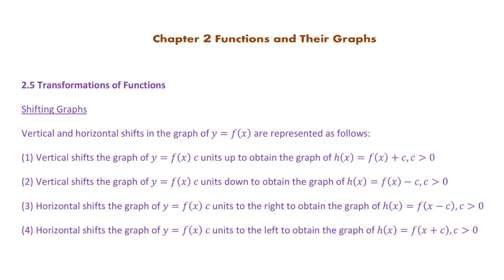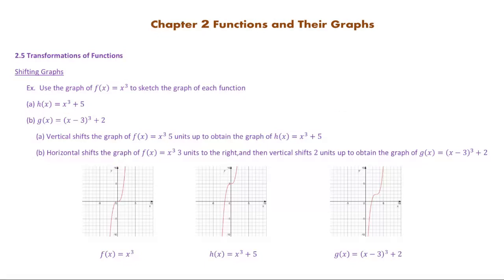So for a horizontal shift, you get x minus c to the right, and shifting to the left, you get x plus c. Okay, just to remind you. So it's contrary to the case of vertical shifts. So keep that in mind.